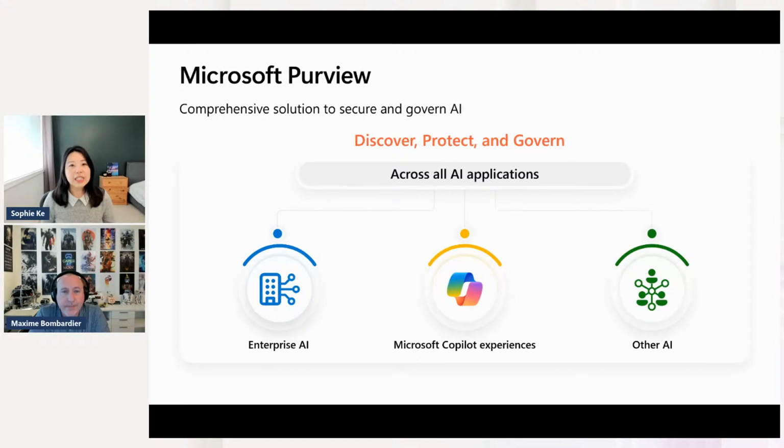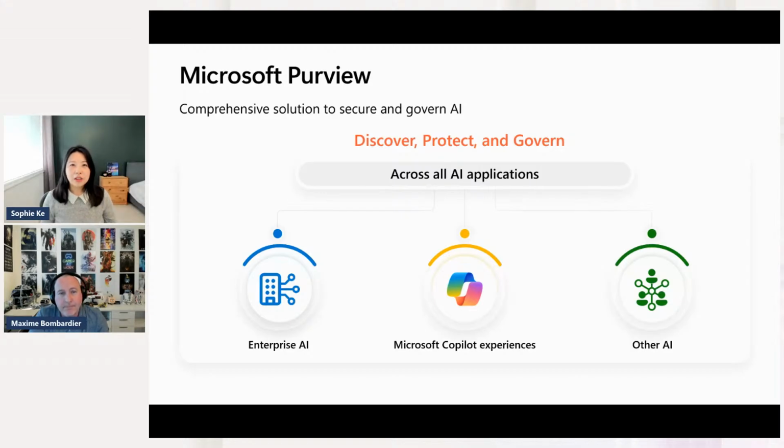The three different types of AI that we support are Microsoft Copilot experiences, which includes Microsoft 365 Copilot, and then we also secure and govern enterprise AI, which includes ChatGPT Enterprise. And then all other AI, as we mentioned before, which is all the consumer AI products that you can access through a web browser.